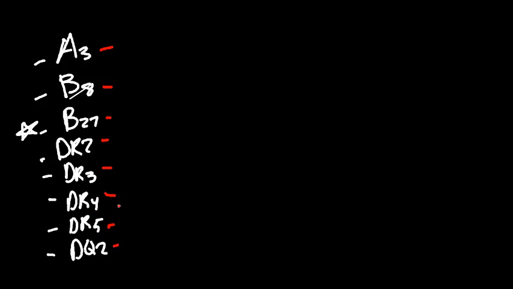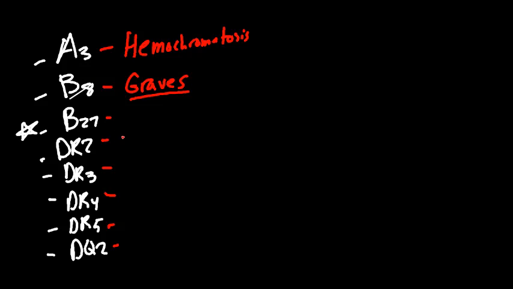So let's start with A3. A3 is going to be in association with hemochromatosis. B8 is going to be in association with Graves' disease, so attacking your thyroid. B27, I'm going to skip and save that for last because that's going to be a really good one.